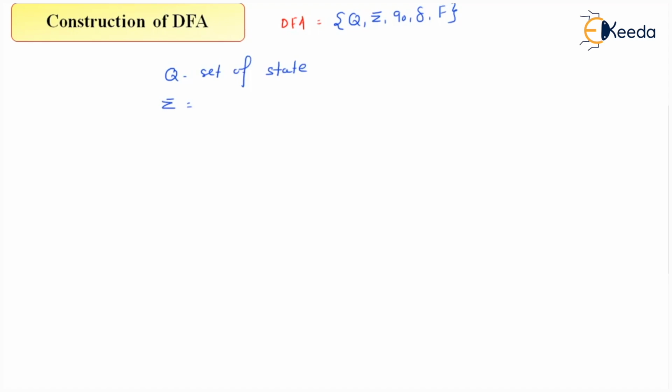We know this term, sigma, that this is nothing but the alphabet. Q0 is the start state, and delta is our transition function. F is the set of final states.